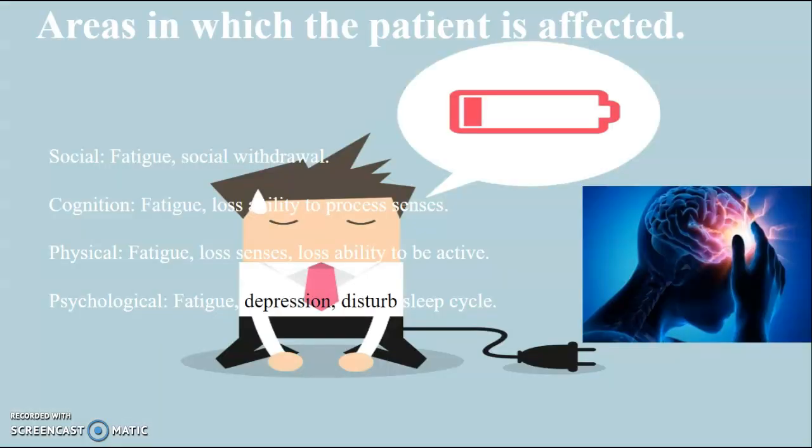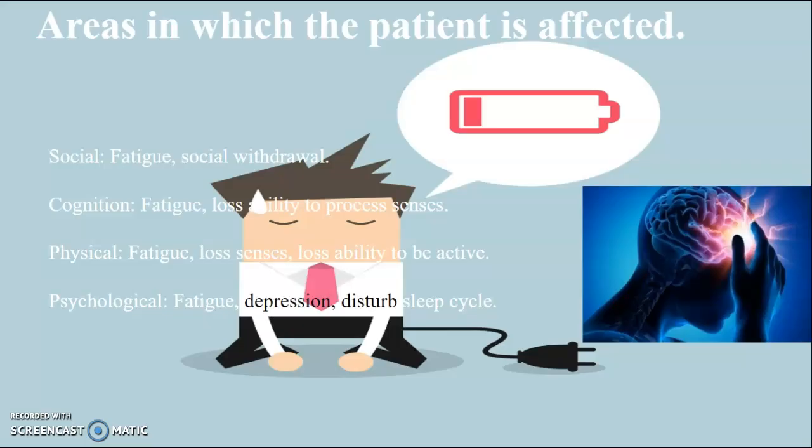So the most prevalent problem affecting patients living with visual impairment is fatigue. They call it blindness fatigue. The way the fatigue works is basically a cycle.